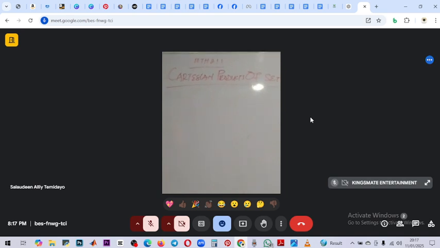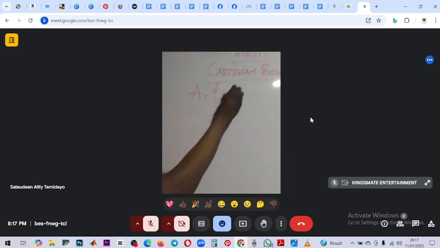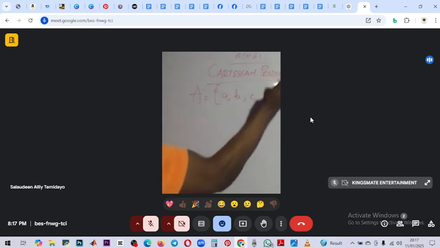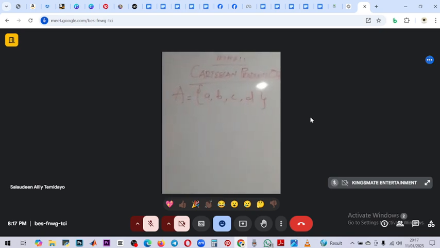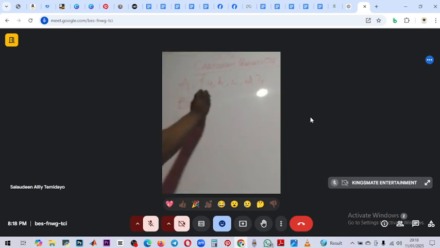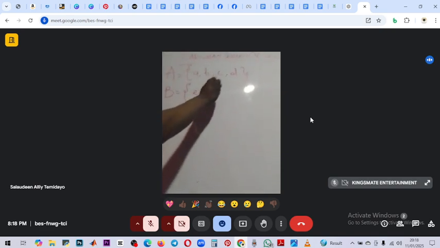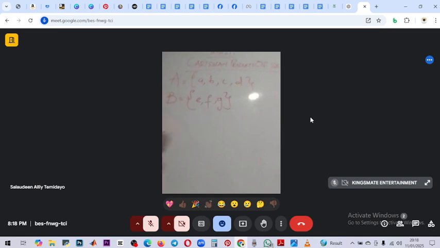So look at this. This is a set A. Set A is equal to {A, B, C, D}. And this is another set B, which is equal to {E, F, G}.